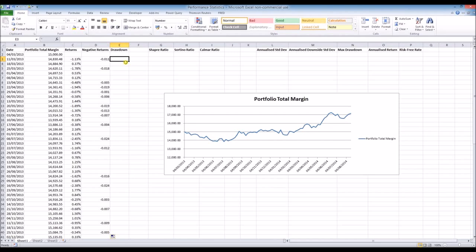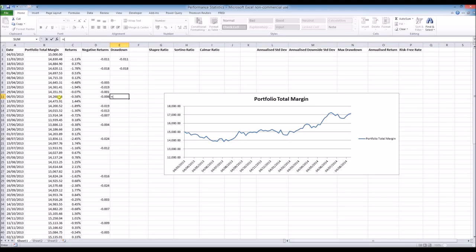So remember that a drawdown is the negative return over consecutive negative periods. So for each negative return that's on its own, that will be quite simply the drawdown figure. But for periods of consecutive negative returns, the drawdown figure will be calculated by creating another return based off the portfolio margin for this whole period.